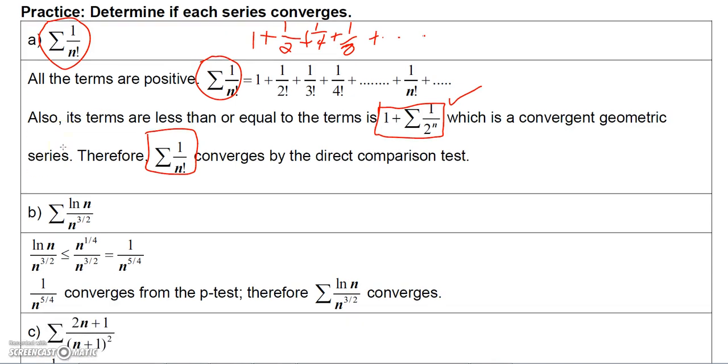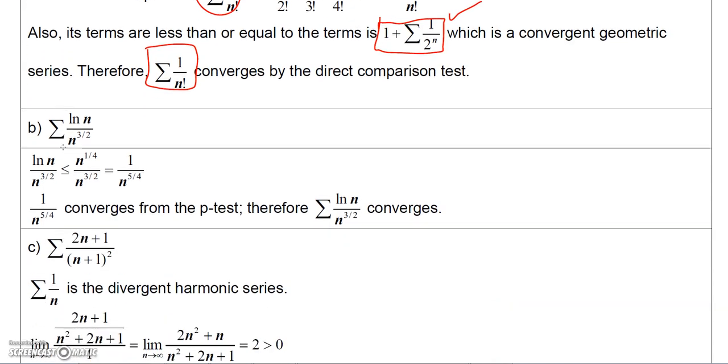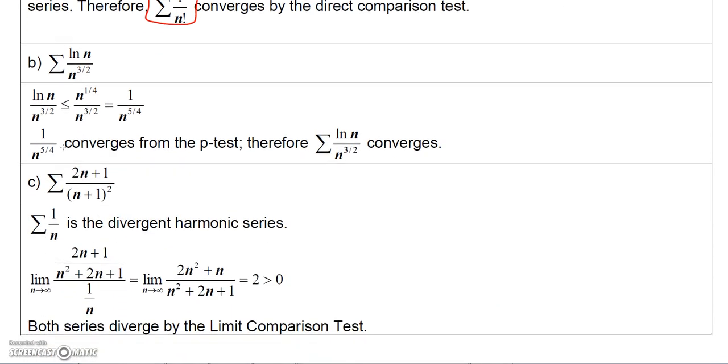Okay, and then this next one, let's say natural log of n over n to the 3/2. Well, you can show that this is less than or equal to n to the 1/4 over n to the 3/2, which is 1 over n to the 5/4.